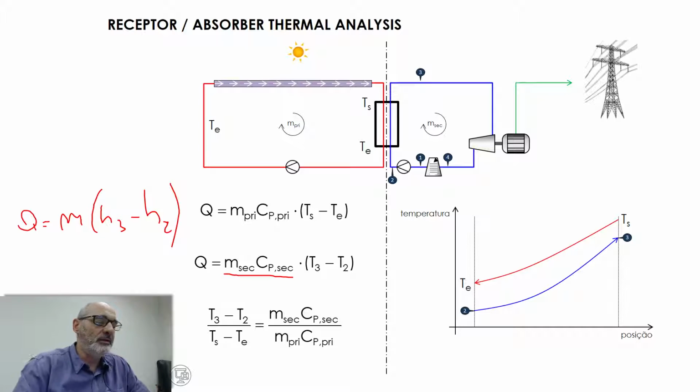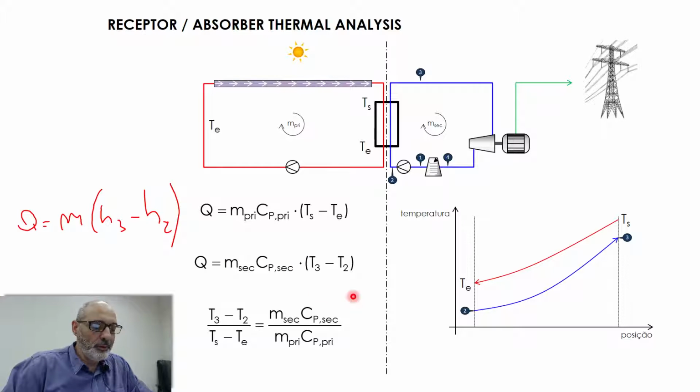Actually we are going to use this formula for the calculations. I'm using this one just to make some considerations about the heat capacity of the primary compared to the heat capacity of the secondary. So it works well for what I'm going to elaborate right now.